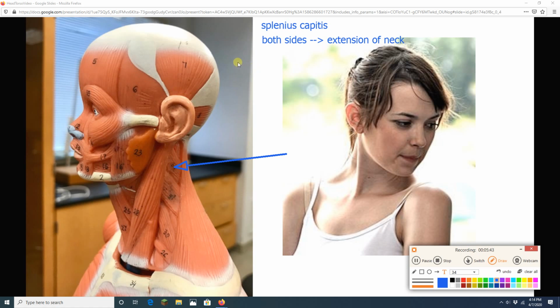Now, if just a single side contracts, then the splenius capitis is going to cause ipsilateral rotation. So this lady here is not only using her right sternocleidomastoid, she's also using her left splenius capitis. I like to think of the sternocleidomastoid as having that prominent O in the middle.